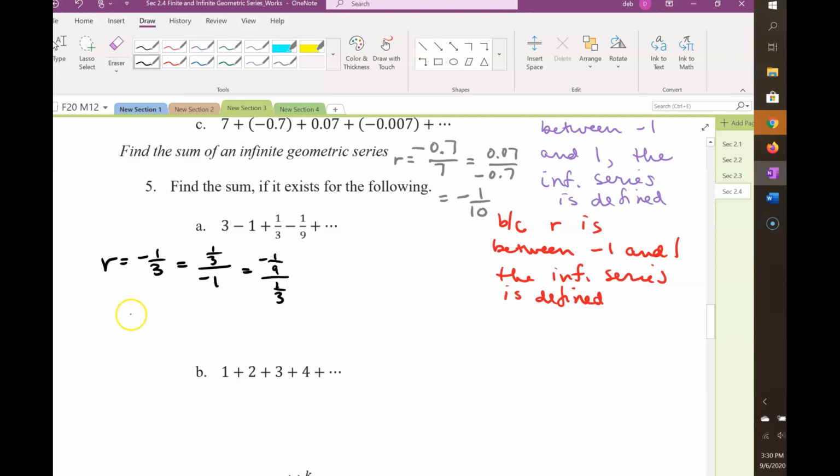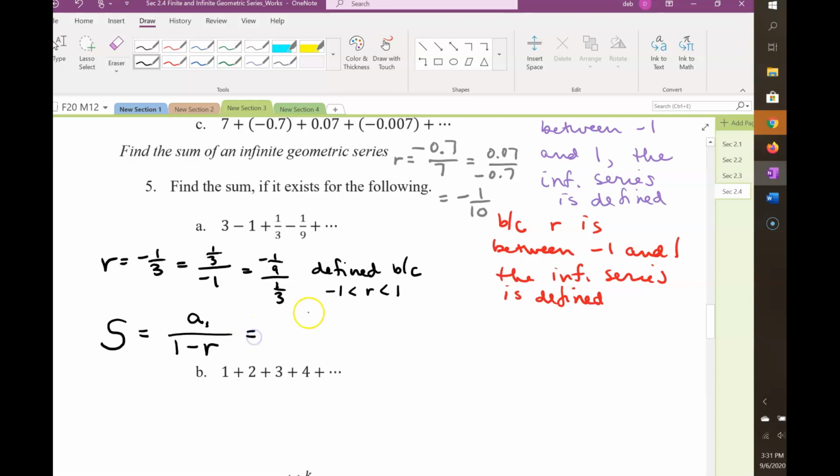And then we have a formula that says the sum of the infinite series is a1 over 1 minus r, as long as the r is between -1 and 1. So we say it's defined because -1 is less than r is less than 1 when we have -1/3.